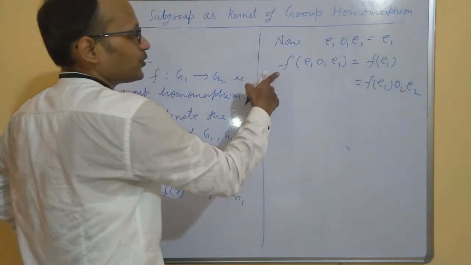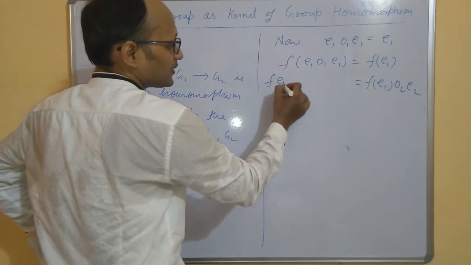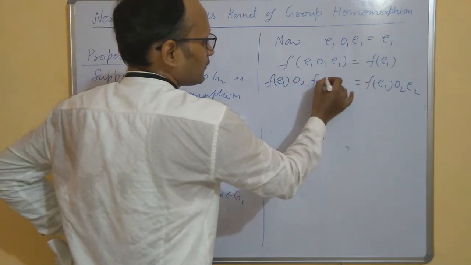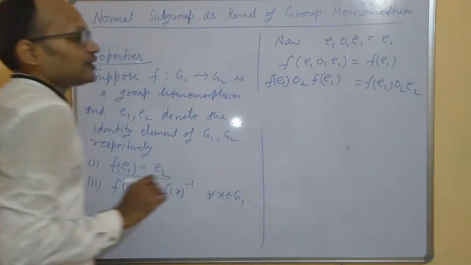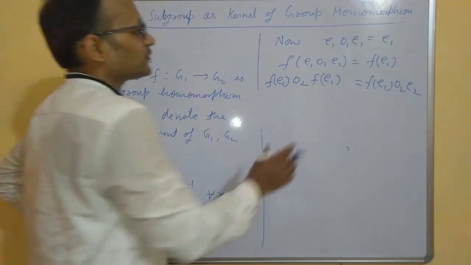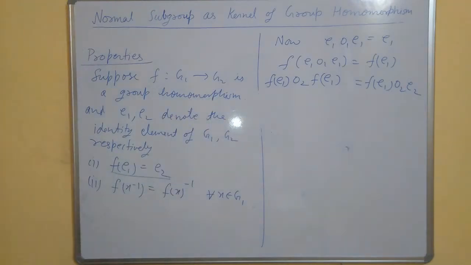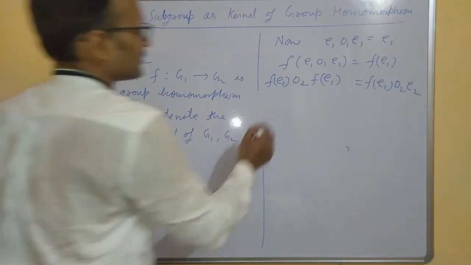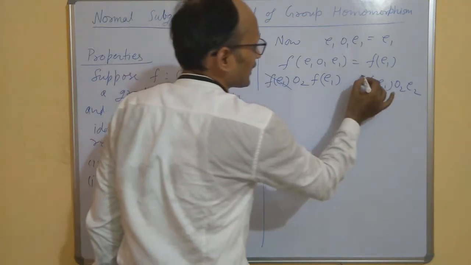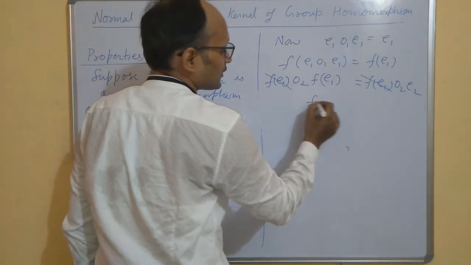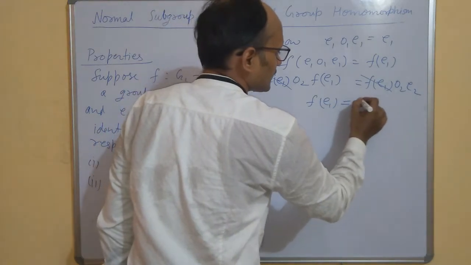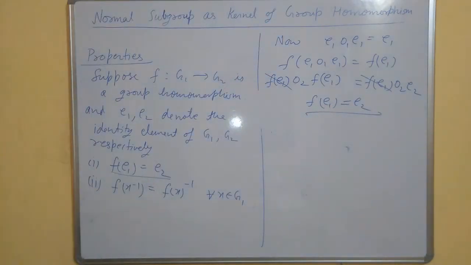And by the property of group homomorphism, it can be written as f(E1) O2 f(E1). Now these are all elements of the group G2, and because G2 is a group, the cancellation law holds in it. So we can cancel these two, and f(E1) is equal to E2. So this proves that f(E1) will always be E2.